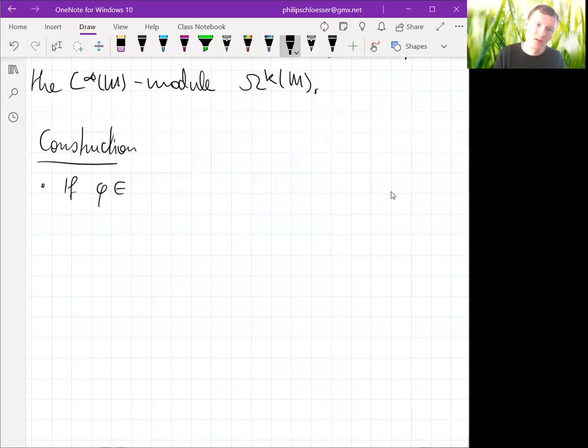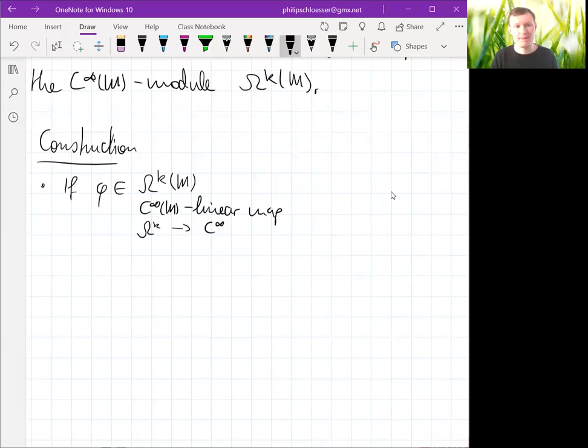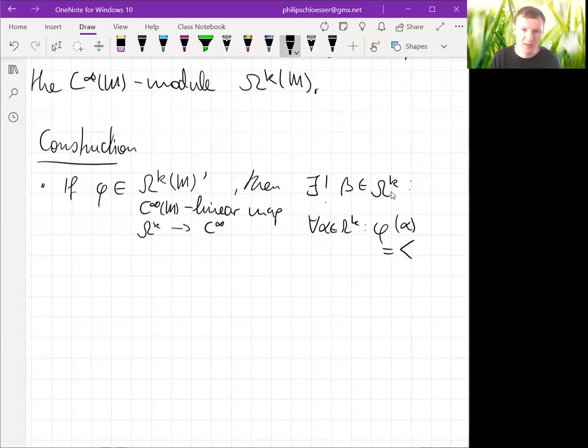If we have a linear form, so a C infinity M linear map from omega k to C infinity M, then there is a unique beta in omega k such that for all alpha in omega k, this map is generated by just taking the scalar product with beta.